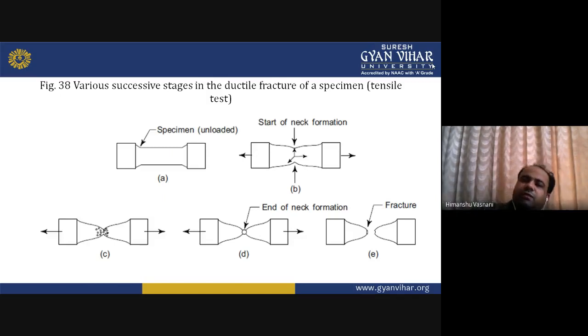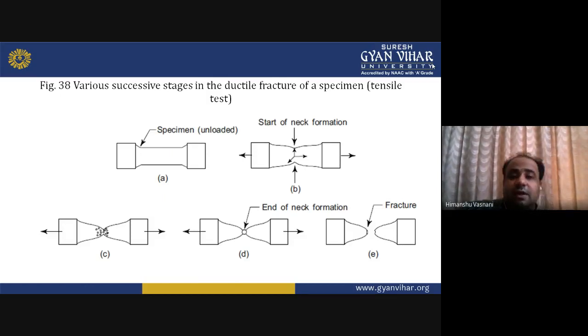So this normal procedure of elongation, then neck forming, and then fracture is very common in ductile fracture. These are the common stages of a specimen in a ductile fracture.